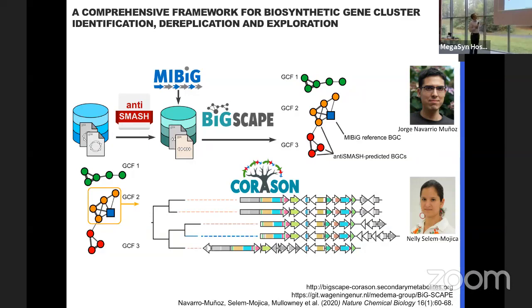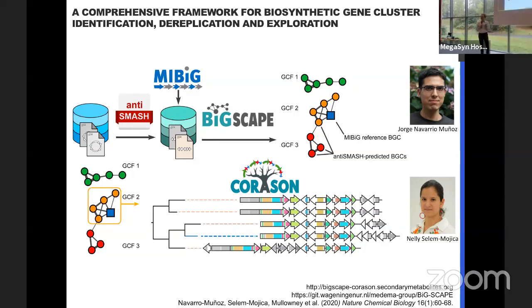So what BiG-SCAPE does, it takes gene clusters identified through antiSMASH together with reference clusters from MIBiG, and then it builds sequence similarity networks to show and visualize how all of these gene clusters are mutually related to each other.